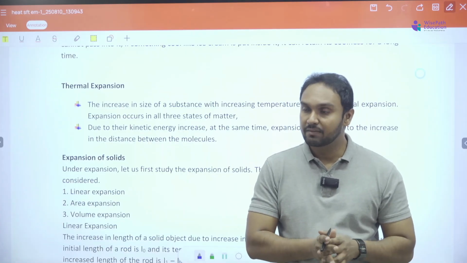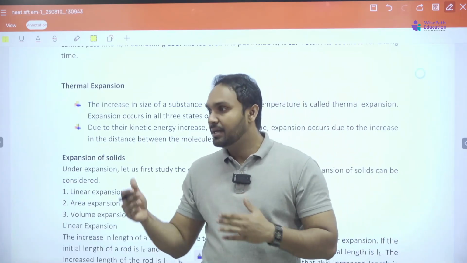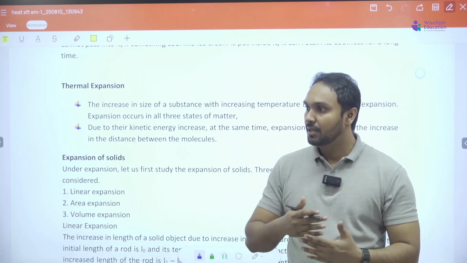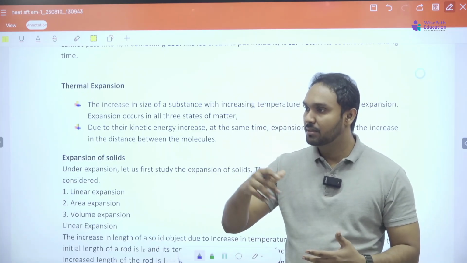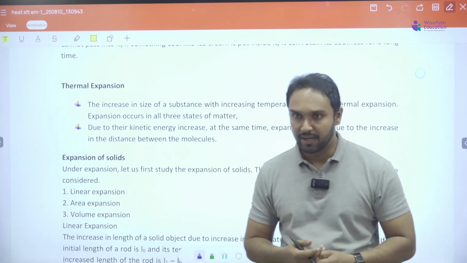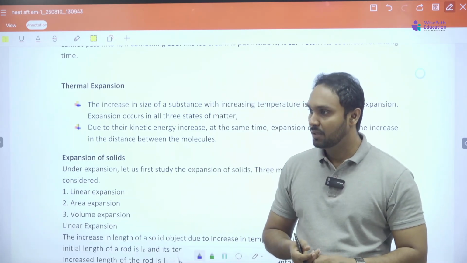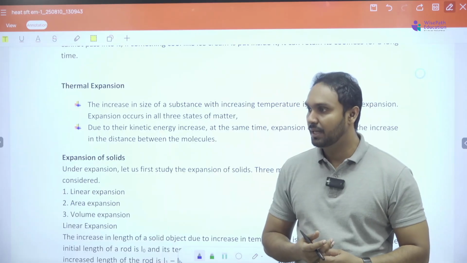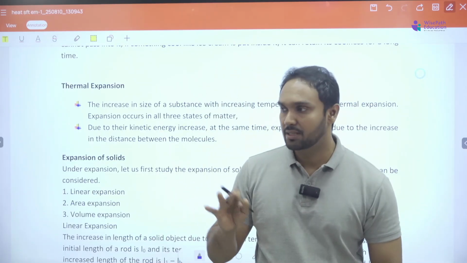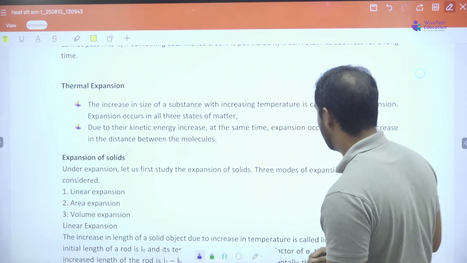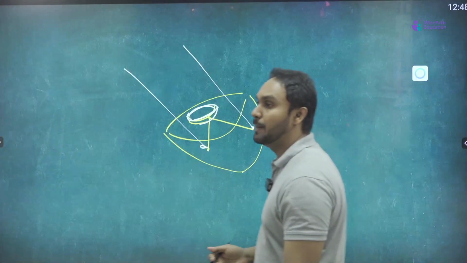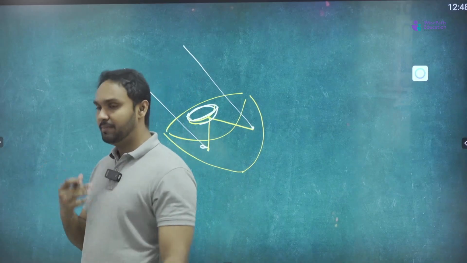And the third thing, if the area is increasing and the thickness again is increasing, that is volume. So the volume is also expanding. We have to consider these as three expansions: length expansion, area expansion and volume expansion, right?